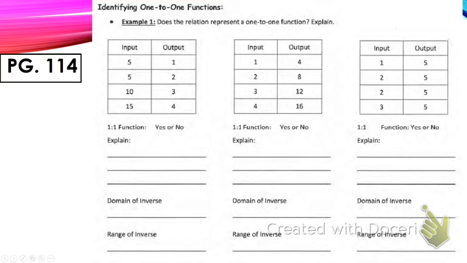So on this first table here, did we decide yesterday this was or was not a one-to-one function? It's not. We have 2 of the same input, but it goes to 2 different outputs. So no, because it is not a function.